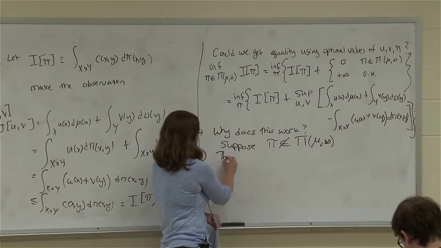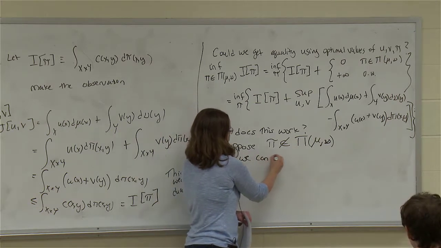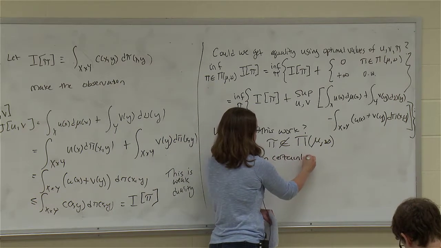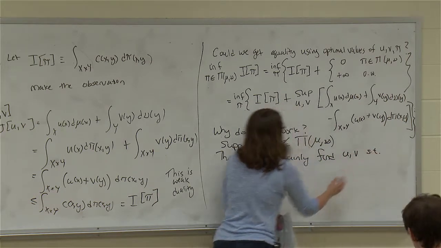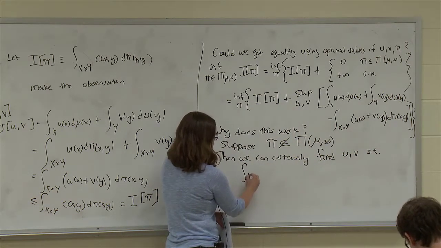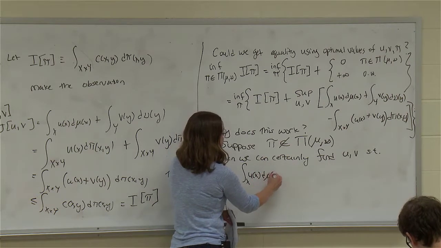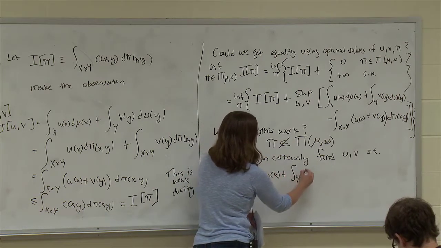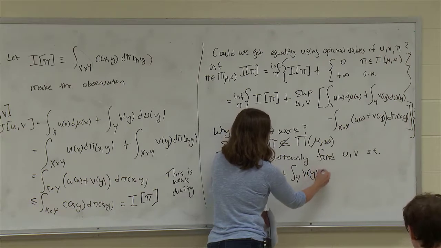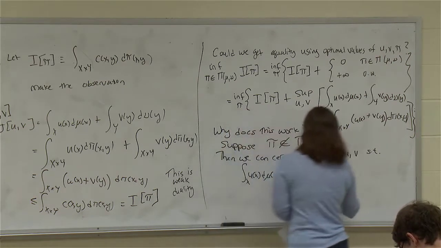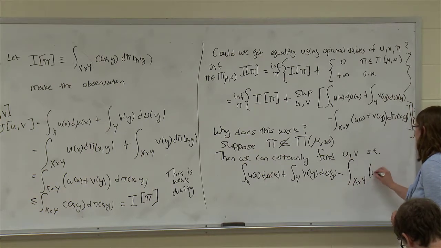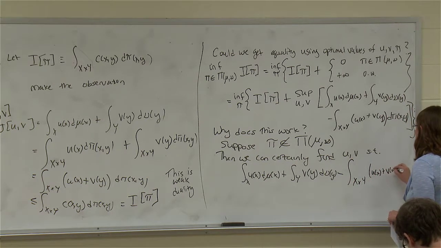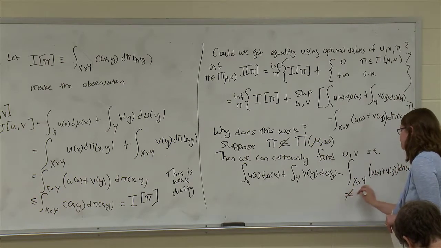Then we can certainly find functions u and v such that this, the integral of u of x d mu of x plus v of y d nu of y, minus the integral against pi, is not 0.